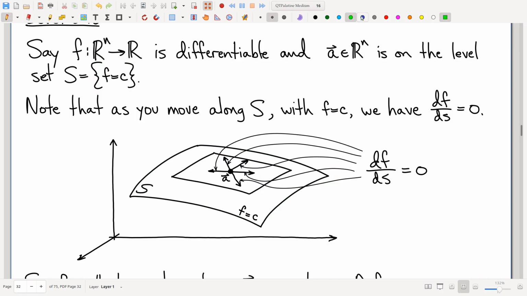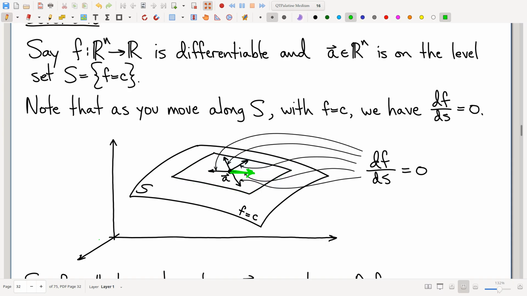Here's my first observation. I claim if you look at a tangent vector, and I mean any tangent vector at a given point A, so another way to say that is any vector parallel to the tangent plane. Consider all the vectors that are tangent to the surface at that point. Take any such vector.